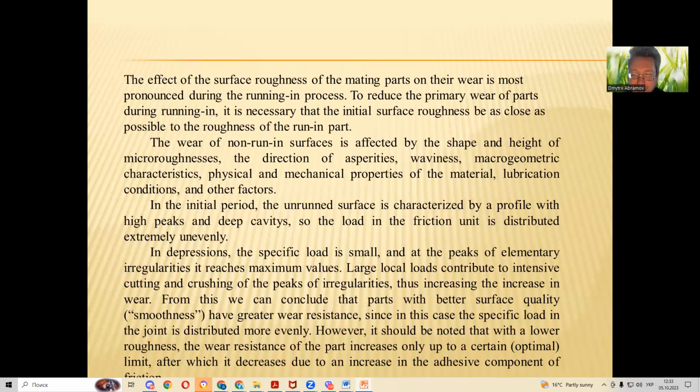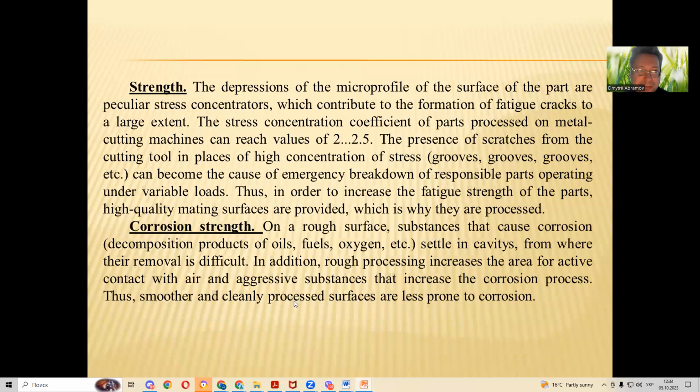However, it should be noted that with a lower roughness, the wear resistance of the part increases only up to a certain optimal limit, after which it decreases due to an increase in the adhesive component of friction. Strengths.